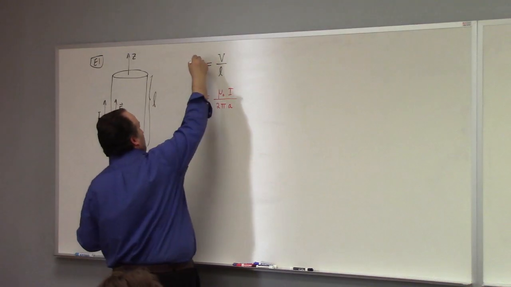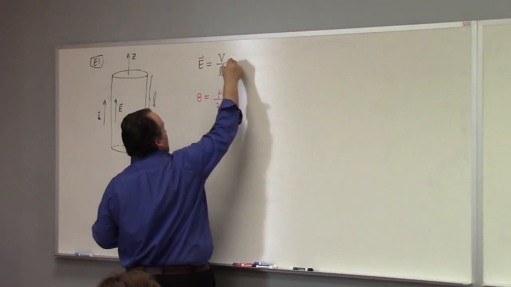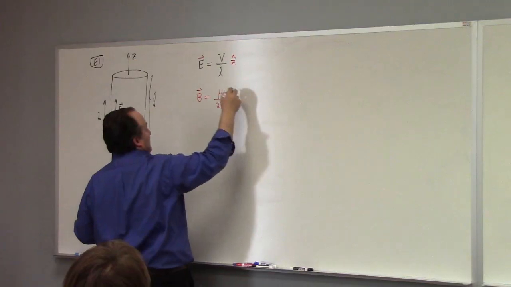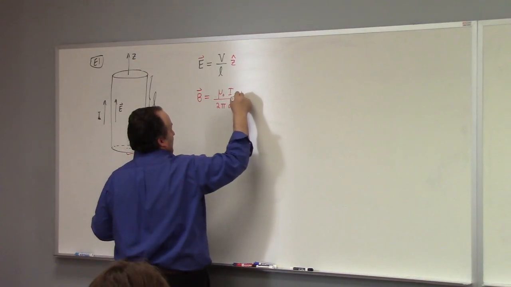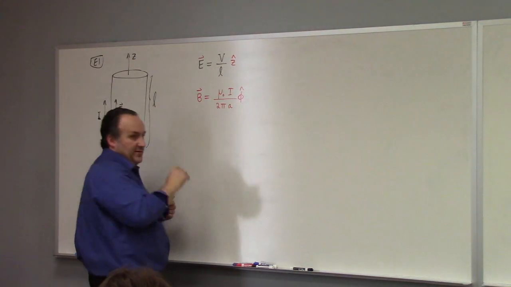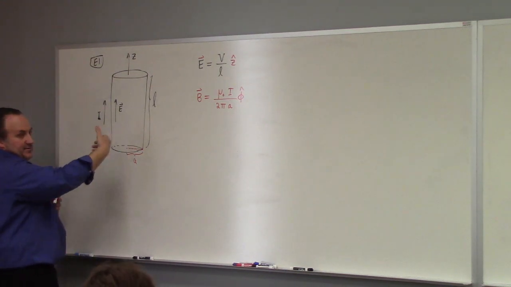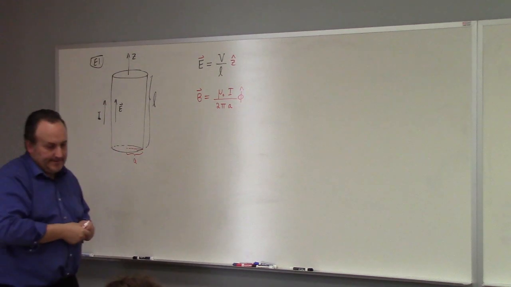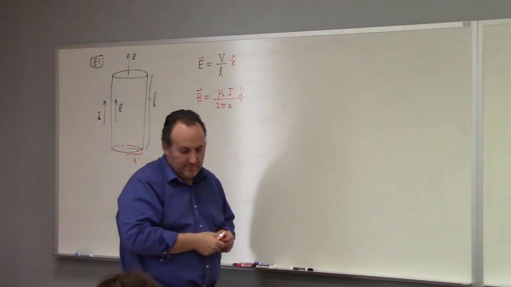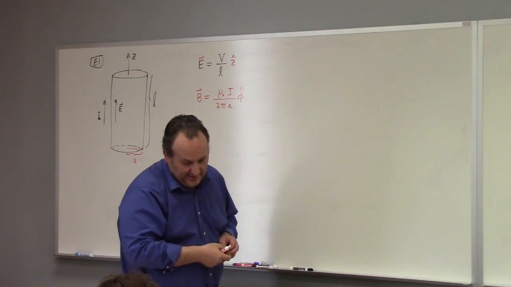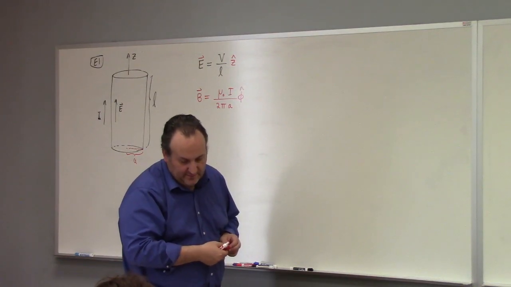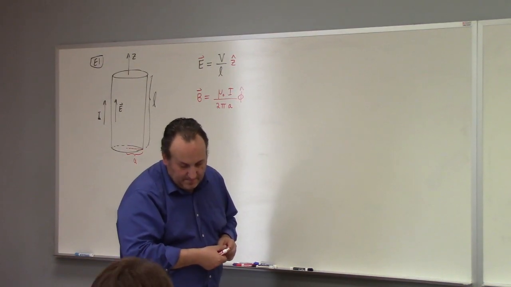So I guess in terms of direction, we've got a z hat on the electric field. In terms of the magnetic field, we've got one of these handy-dandy phi hats to describe how it's circling around, right? The magnetic field lines are encircling the current like that. We're assuming it's long enough that we can use the simple formulas, since we don't want to fuss with any weird end stuff.